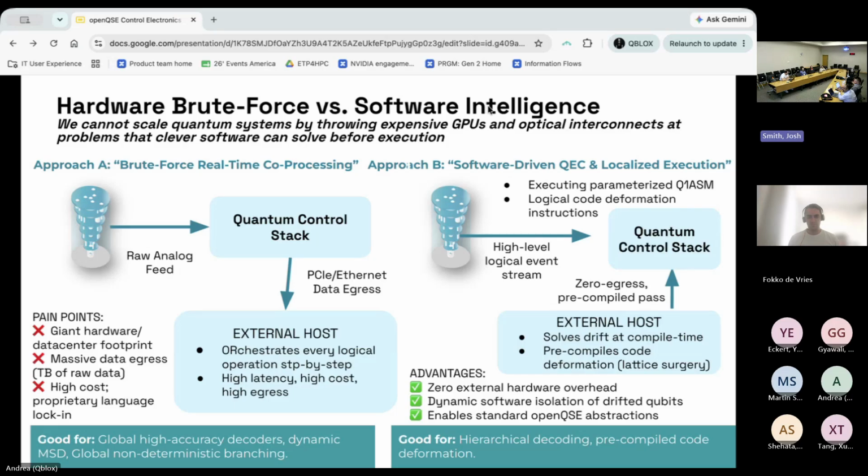I'm not saying you don't do it. I'm saying we have to do it smart. Right now, what most people in the vendor community are doing is getting a bunch of information, sending it to the GPU, and letting the GPU figure out everything.